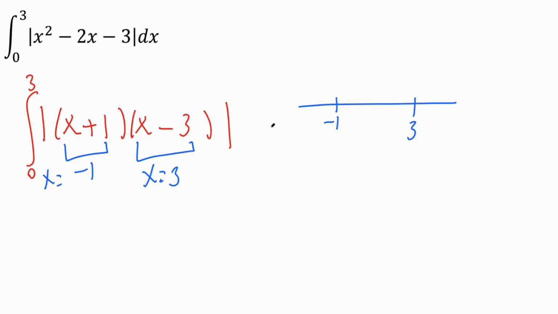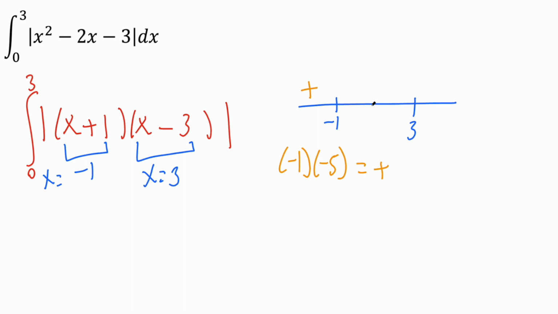Now I need to know how this will behave if x is, say, less than negative 1, let's say negative 2. Negative 2 plus 1 is negative 1. Negative 2 minus 3 is negative 5. A negative 1 times a negative 5 is a positive number, so we'll put a plus sign right here. Let's do the same thing for this piece.